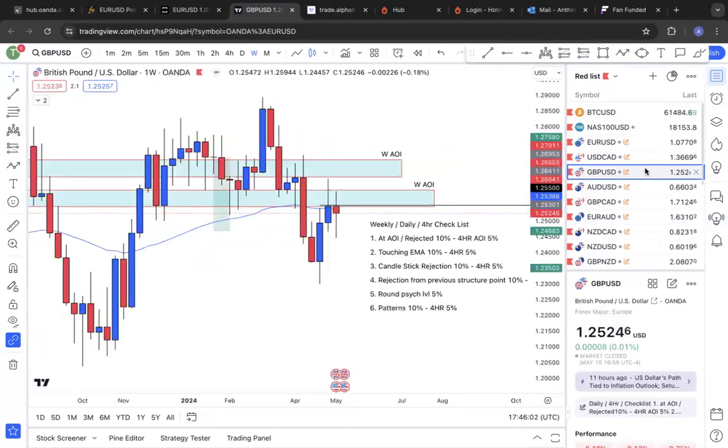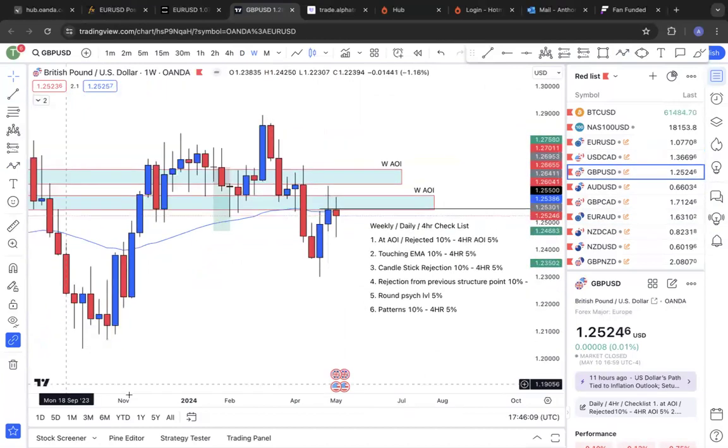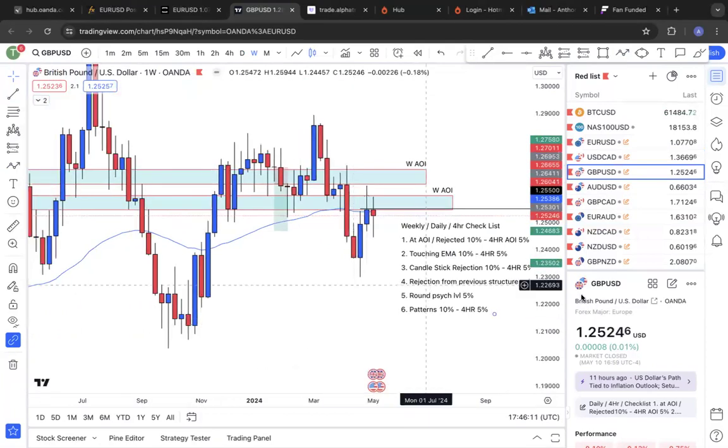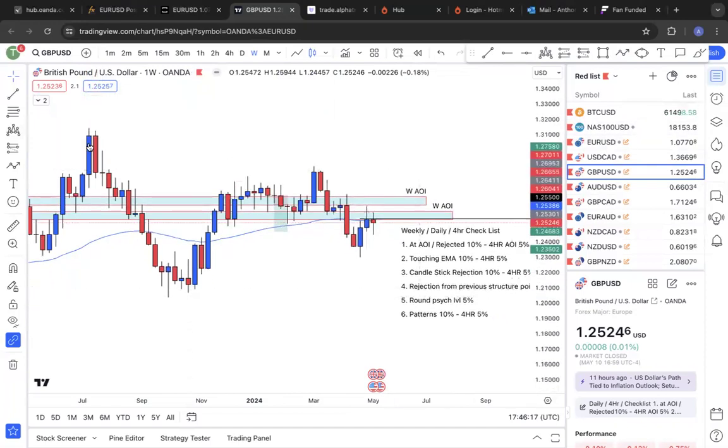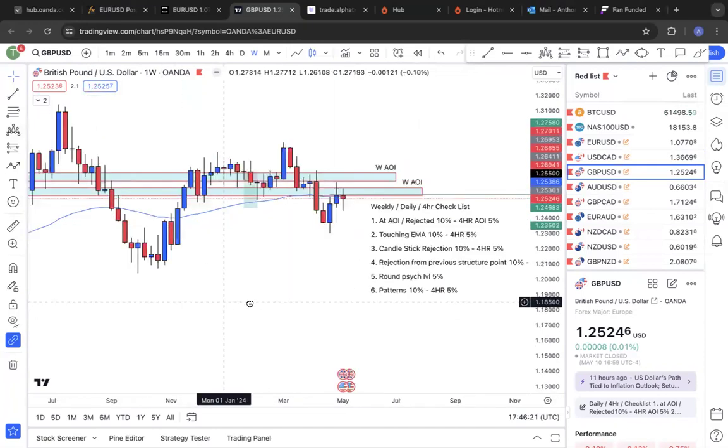GBP USD. Let's get my notes here. All right. Here's a nice one. This trade looks like it's almost ready to play out, actually. We got a higher high, higher low, lower low. Yep.